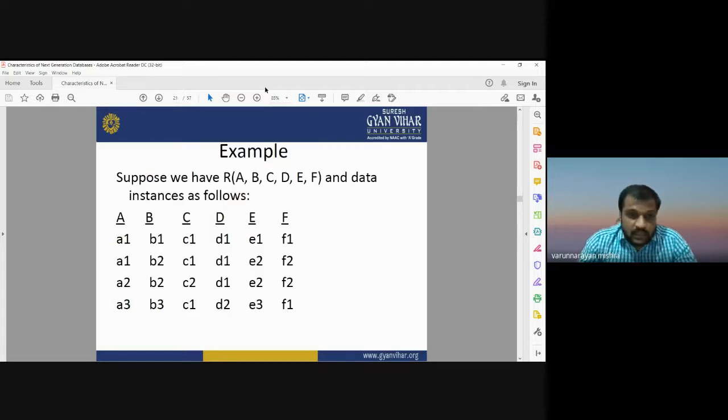Moving to the next slide, this is an example. Suppose we have a relational database with columns A, B, C, D, E, F, and the rows A1, A2, A3, A4 are the tuples. This is the simplest example of a relational database.